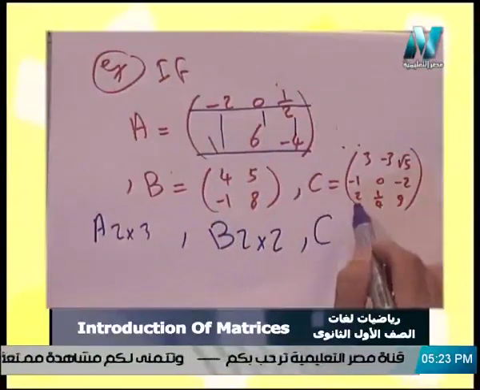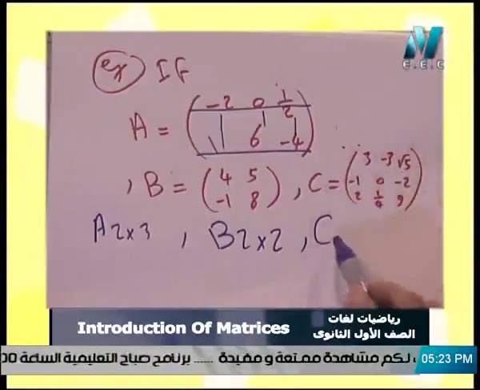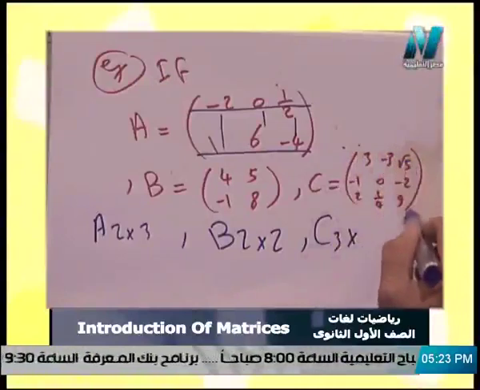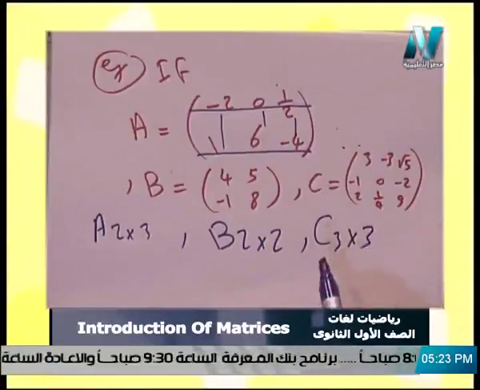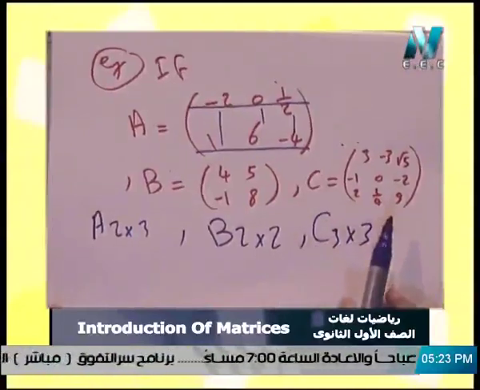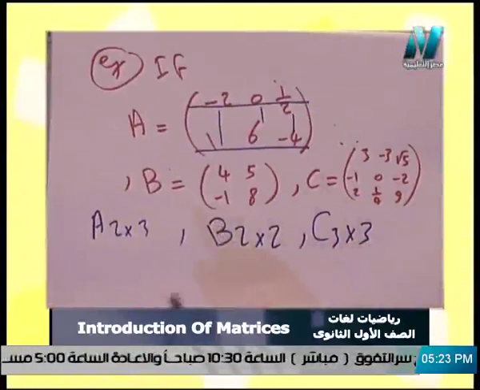This one, C, let's count: 1, 2, 3 rows by 1, 2, 3 columns, so its order is 3 by 3. Okay? And we would like to write the following numbers.